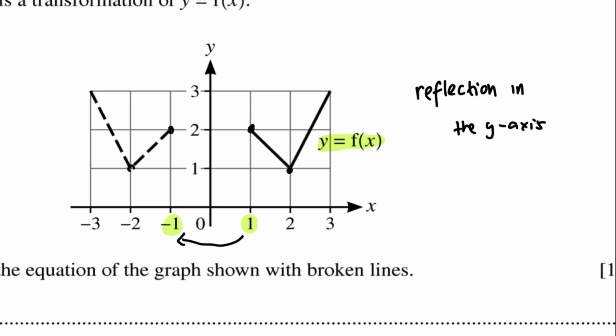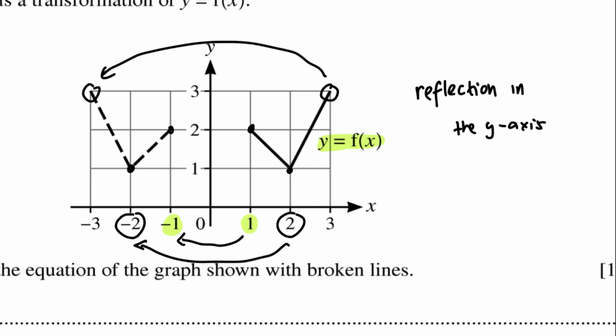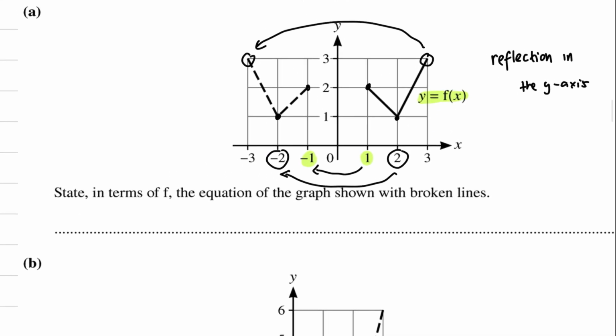From 2 to negative 2. And then from 3 up here becomes negative 3. So that means we multiply all the x by negative 1. So this is reflection in the y-axis. So that means the function is f(minus x). Means that we multiply all the x with negative.